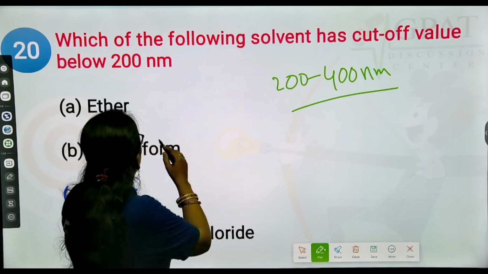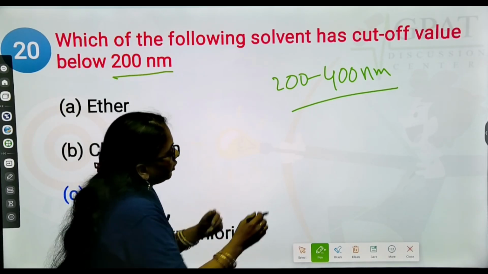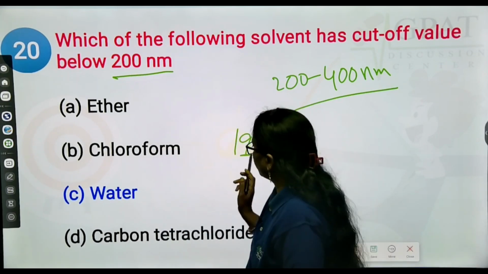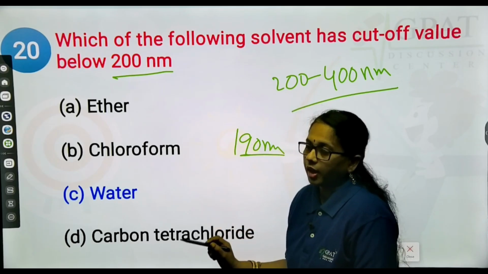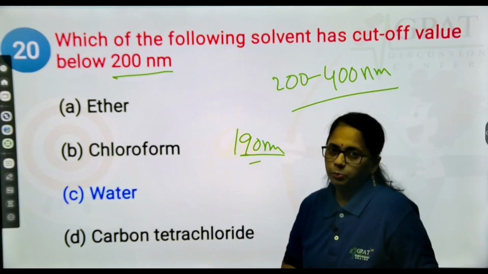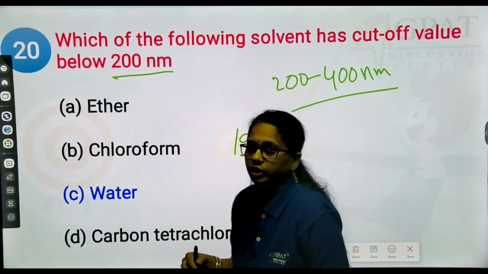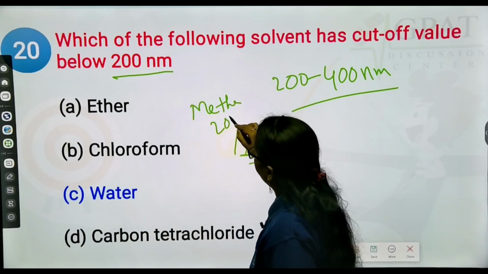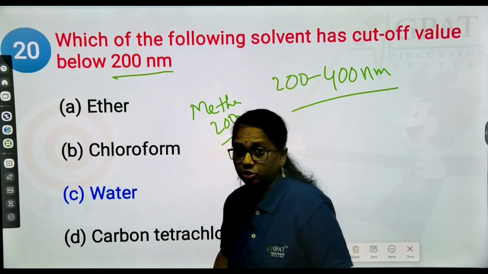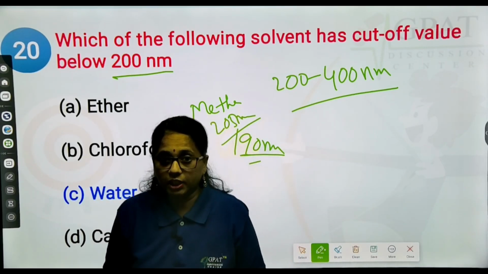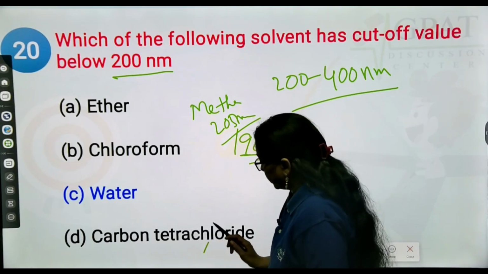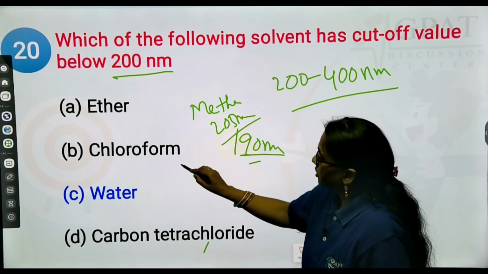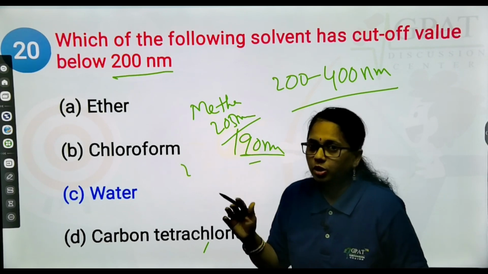Water has absorbance at 190 nanometers, which is its UV cutoff point. That is why they asked below 200 nanometers, meaning water. Methanol, which we also use, has a cutoff at 205 nanometers. Acetone has absorbance at 330 nanometers, and carbon tetrachloride has some absorbance in and around 210 nanometers. Chloroform has absorbance in and around 220 to 240.